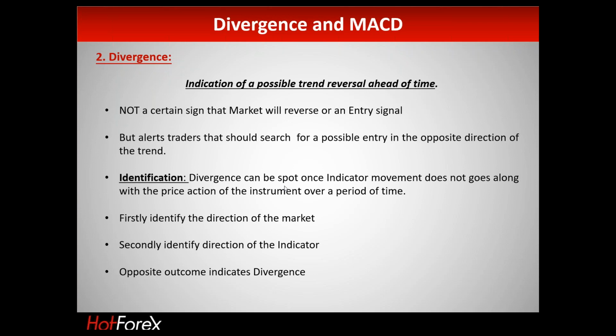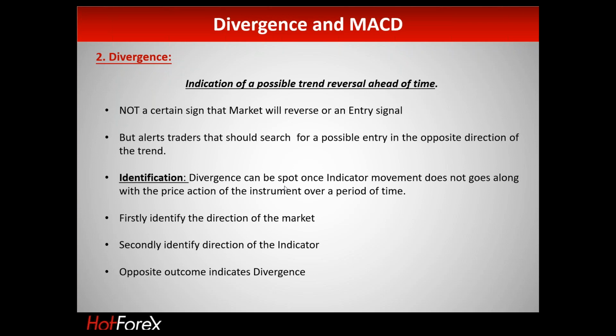That's why it's a good combination with MACD. So if, let's say, we are using MACD, if your MACD goes in a different direction than the price action of the instrument, of your currency pair, of your stock, or whatever, then that's an indication of divergence.